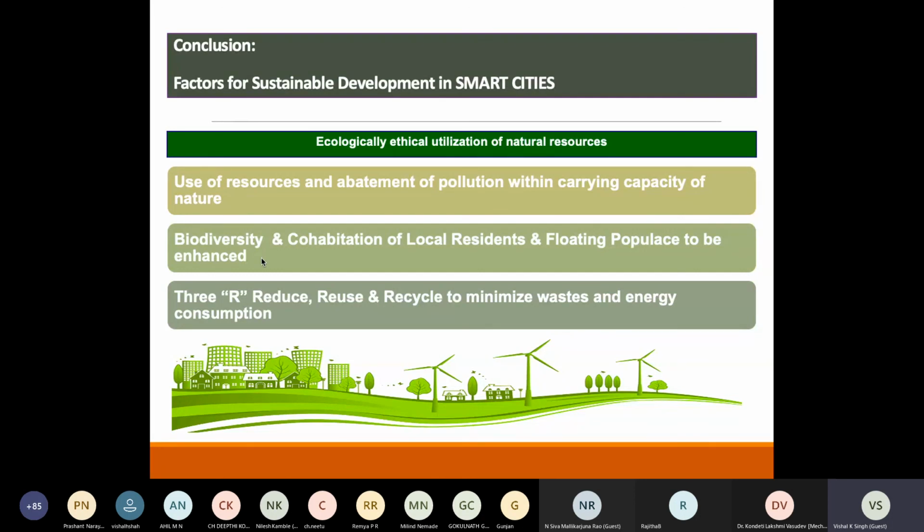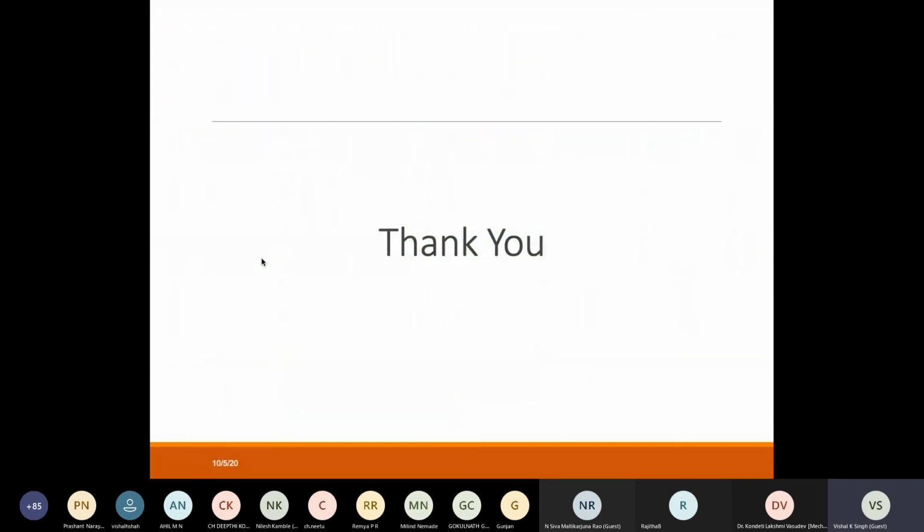And if we can somehow optimize the methods. The methods are available with us, but just to implement them in a proper context and in such a way that they can improve the performance of these systems is what we are looking for in smart cities and making use of the IoT technologies.